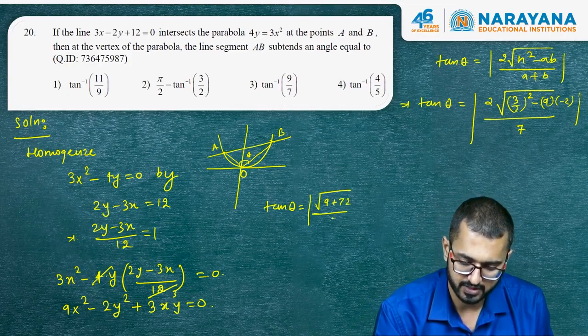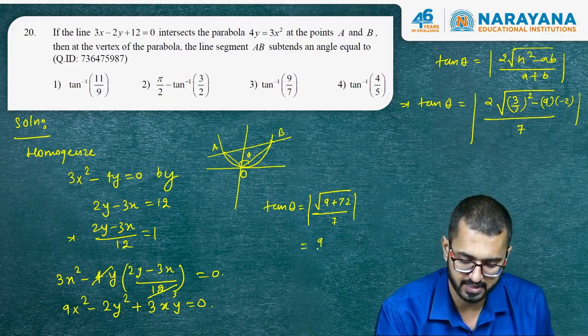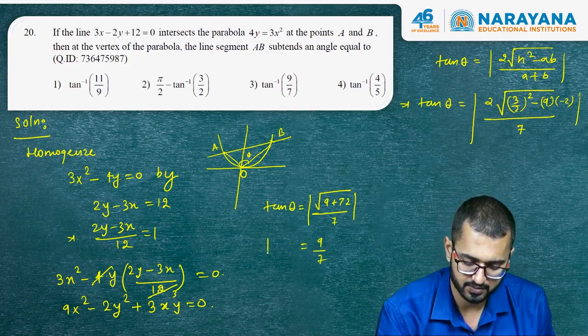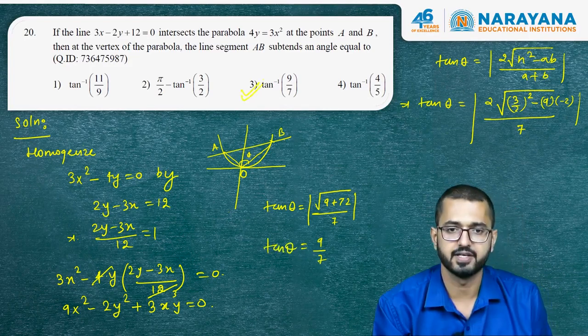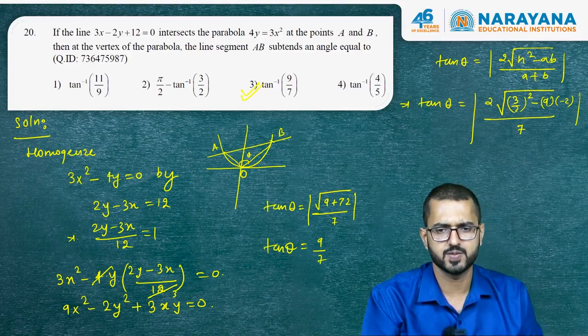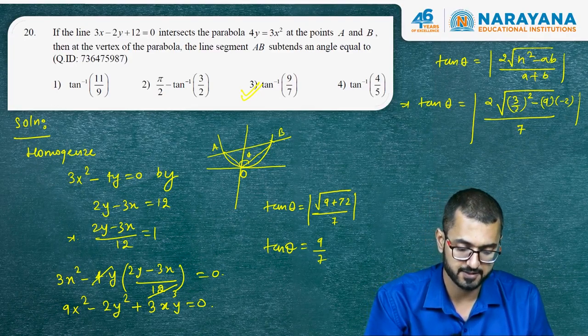So 72 by 7. This will give me root of 81, which is 9 over 7. So tan theta is equal to 9 over 7. That makes your answer 3 correct. So by homogenization we have solved this question in a nice manner, in fact.